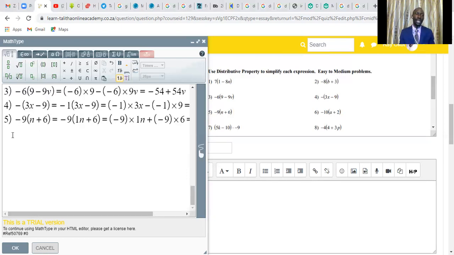Now, the next thing we want to look at is activity 1 part 6. Activity 1 part 6 has been given as -10 times the quantity inside the bracket, which is a plus 2. Yes, that is what we have.